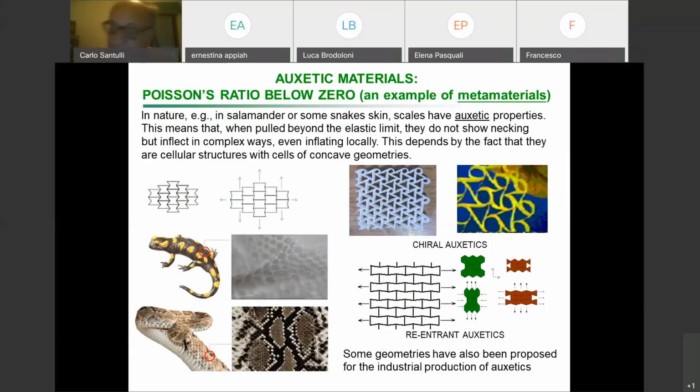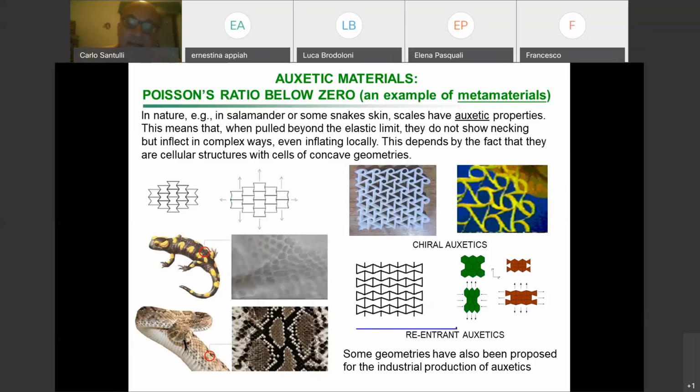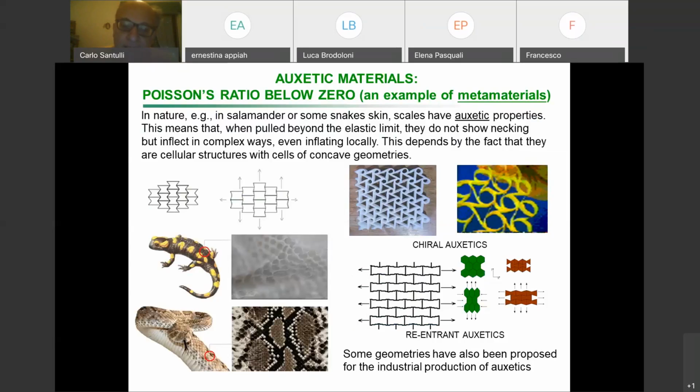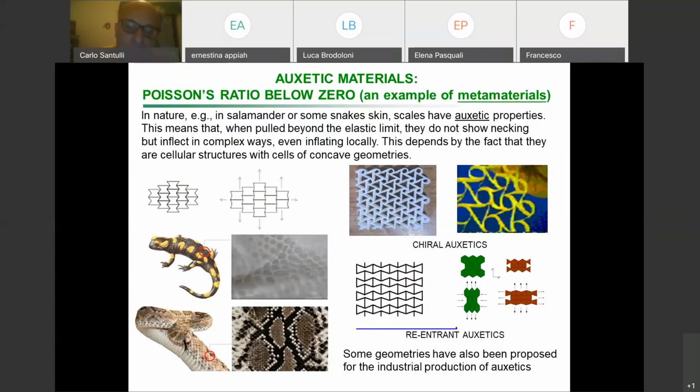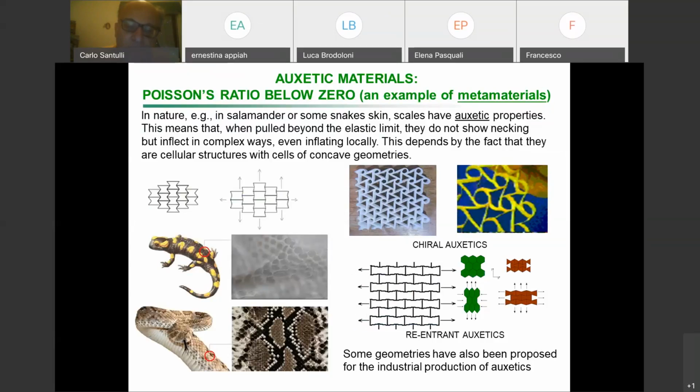In practical terms, there were some shapes which were well known from the 90s for industrial production of auxetics. Remember that the first idea of auxetic material was given from the deviation from a honeycomb, from a hexagon.